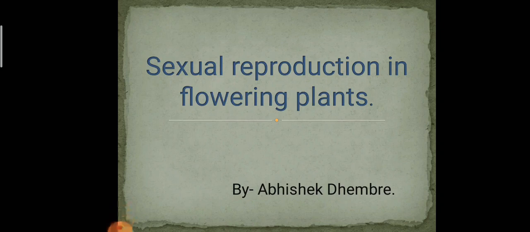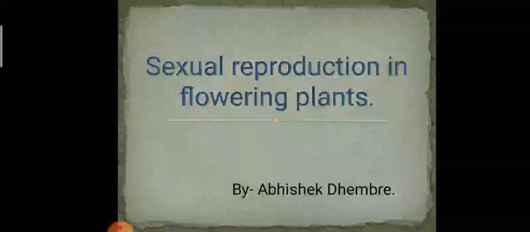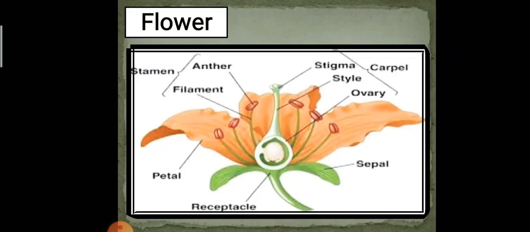So in flowering plants, to perform sexual reproduction, the most important part is formed, and that most important part is known as, you guess, flower. Correct. So flower is the most important part in sexual reproduction.